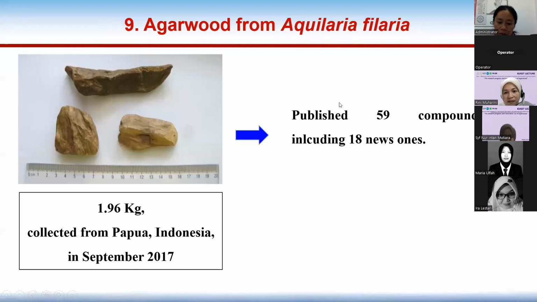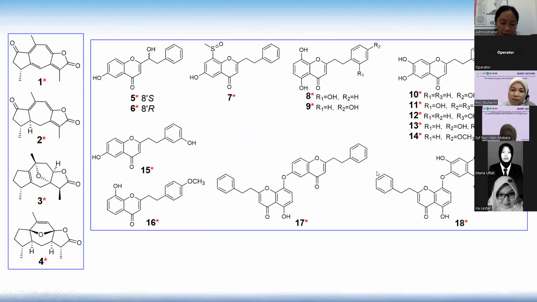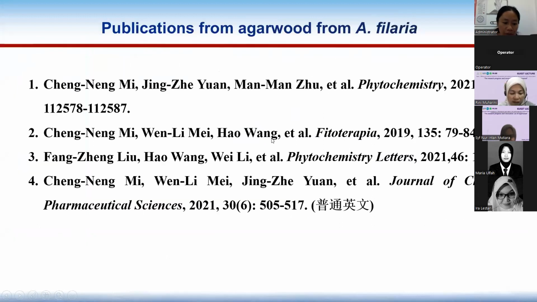From this sample, we have already published 59 compounds, including 18 new ones. Here are the published new compounds, including 4 guaiane type sesquiterpenes and some 2-(2-phenylethyl)chromones, and compound 7. Here is a special structure which has a sulfide here, the boron here, this group. And here are the papers.